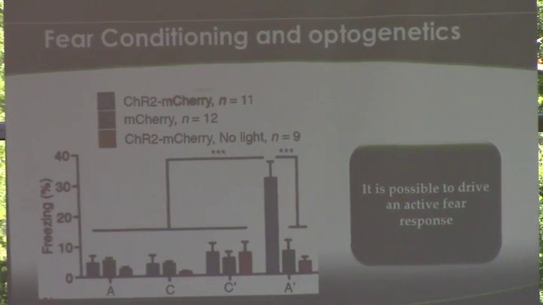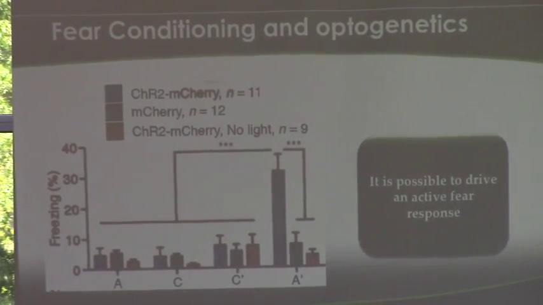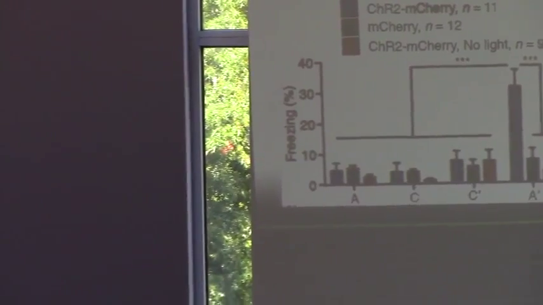And we can see, in fact, when you want to induce the fear, just light on the light, and the mice have an expression of fear. And in fact, it's possible to drive an active fear response with optogenetics.